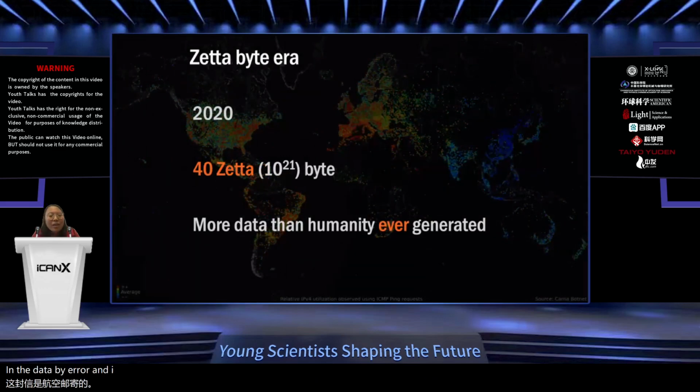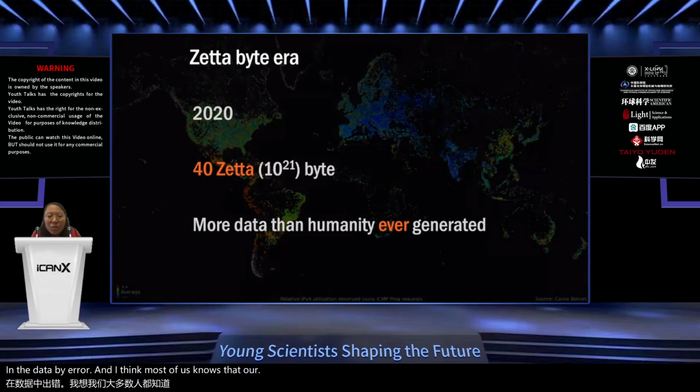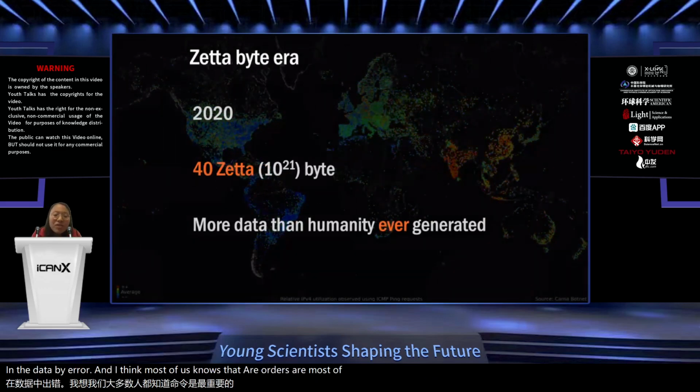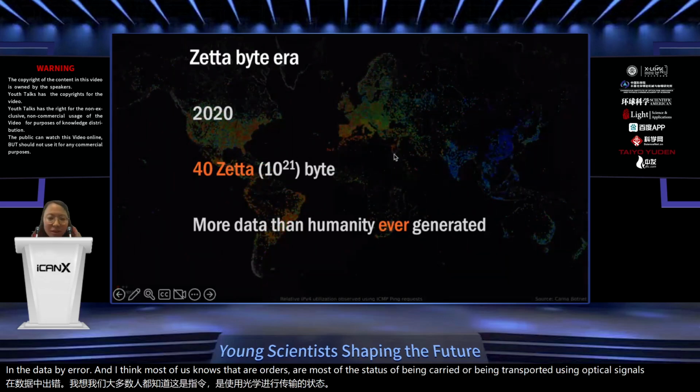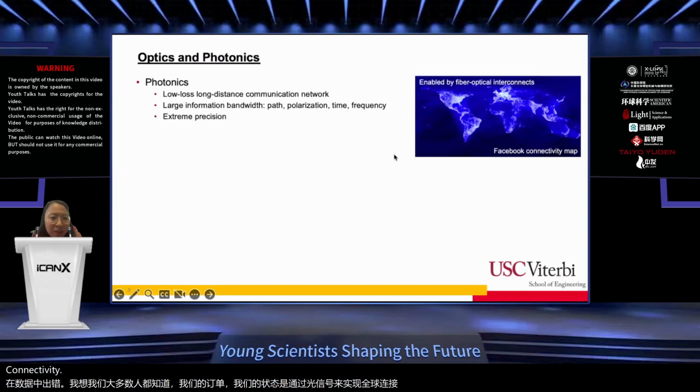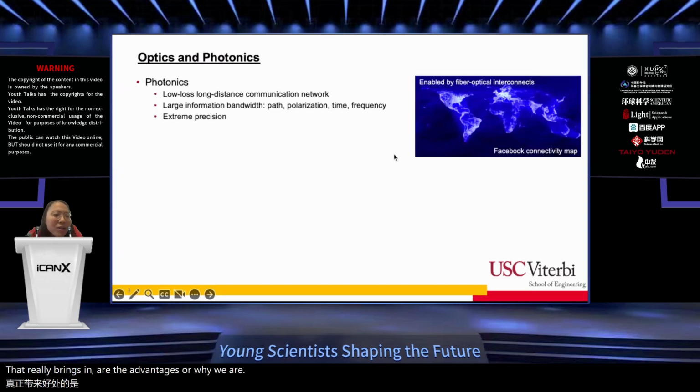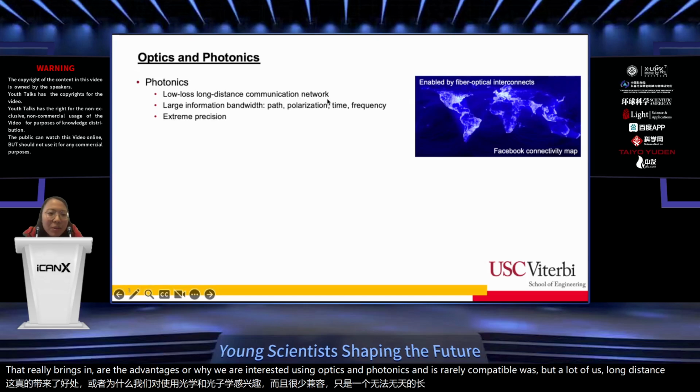And I think most of us know that most of this data is being transported using optical signals for global connectivity. That really brings in the advantages of why we're interested in optics and photonics, and it is really compatible with low loss, long distance communication networks.